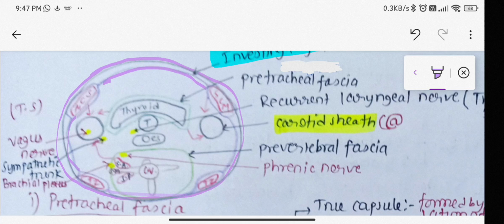Again, this is the investing layer, and it is covering the scalene medius muscle, and next it covers posteriorly the trapezius muscle. The fascia present just anterior to the vertebra is the prevertebral fascia.